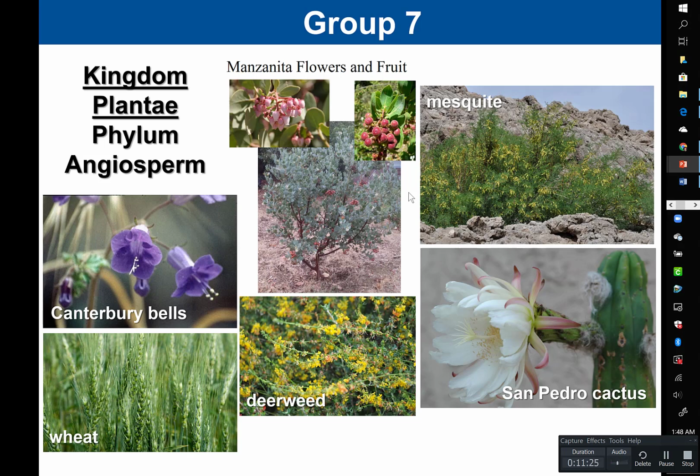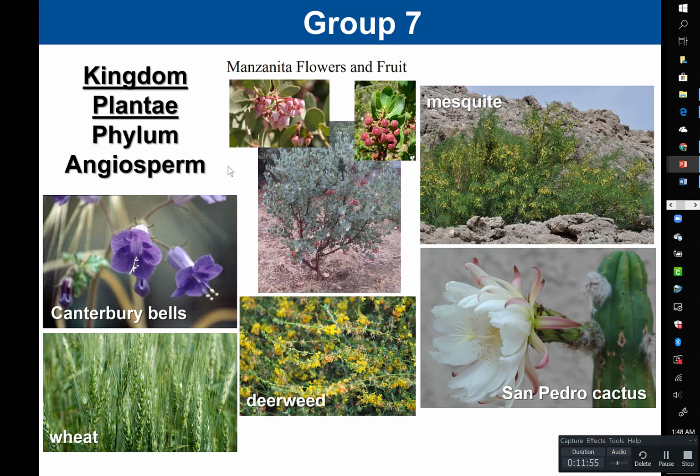The other adaptation that angiosperms have, the other shared characteristic, is flowers. These are our flowering plants. What advantage does a flower give a plant? The answer is it attracts pollinators. Different types of flowers attract different types of pollinators. It could be bees, beetles, hummingbirds, butterflies, even bats.